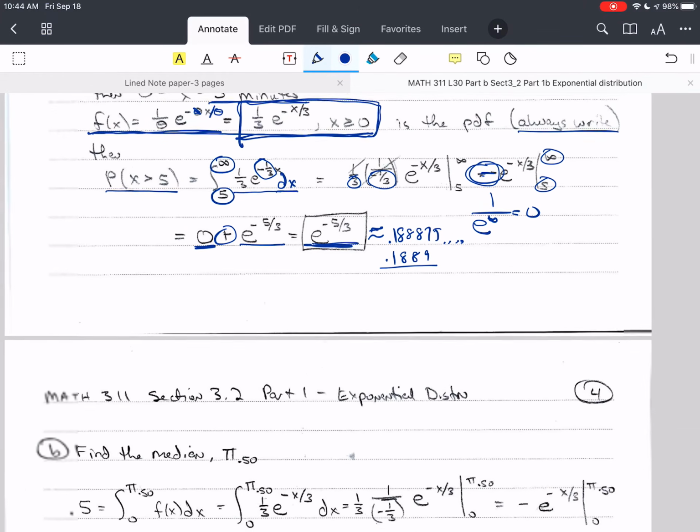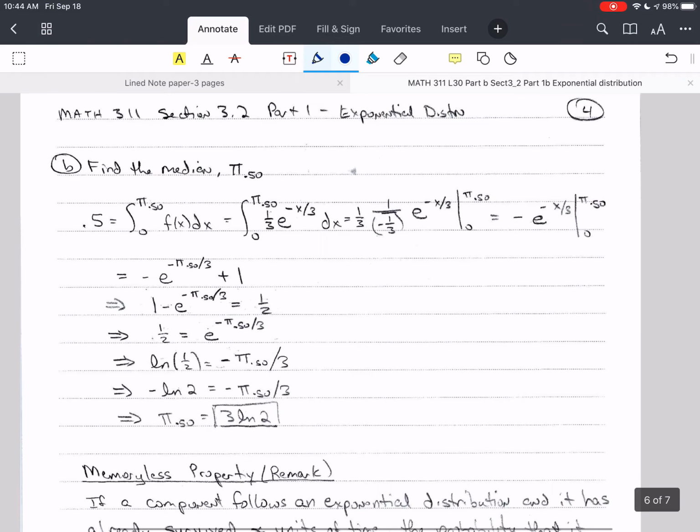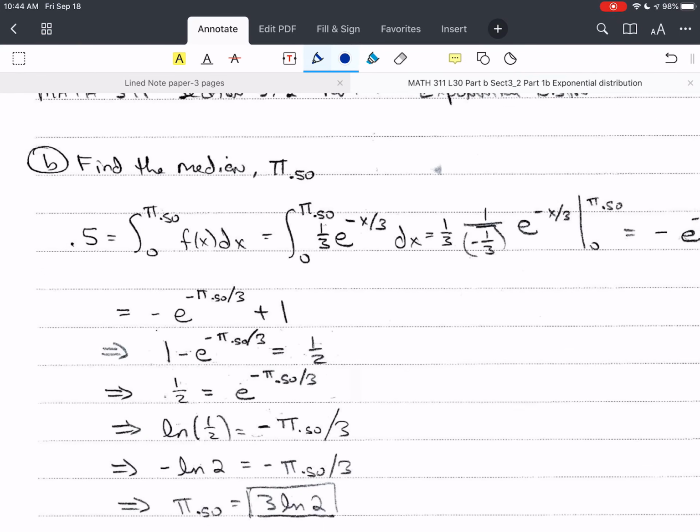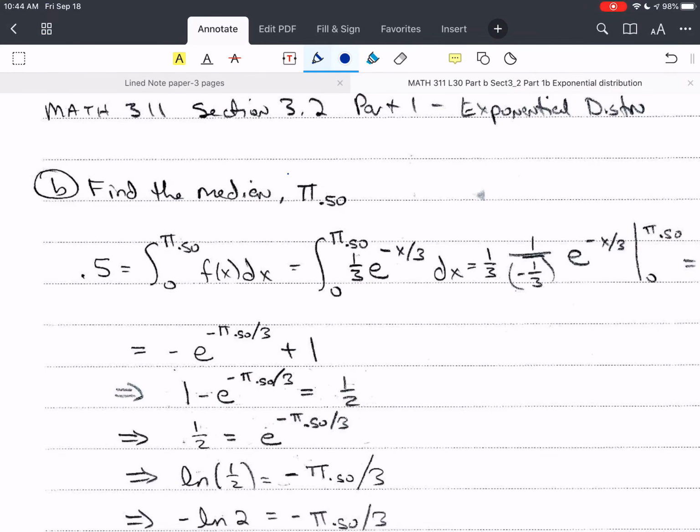Okay, so let's go ahead and try to find, let's see, the median here. And so that is, I'm going to zoom in a little bit so we can see, that is pi sub 0.50. So because the median is where half of the probability is below and half is above. Okay, so we set 0.5, the subscript here, equal to the integral from the lower limit up to here.